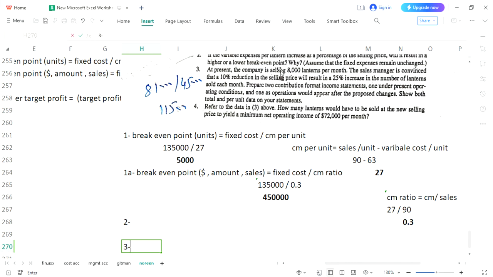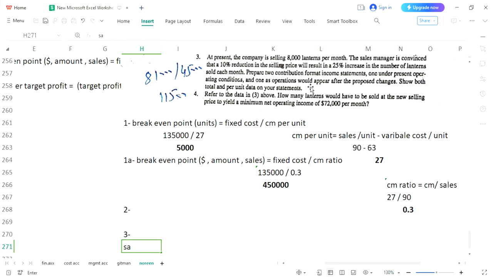At present, the company is selling 8,000 units. The sales manager is convinced that a 10% reduction in selling price will result in a 25% increase in the number of lanterns sold. So what he wants us to do is prepare two contribution margin format income statements under the present and proposed programs. So first we are going to produce our income statement. This is the contribution margin format income statement.